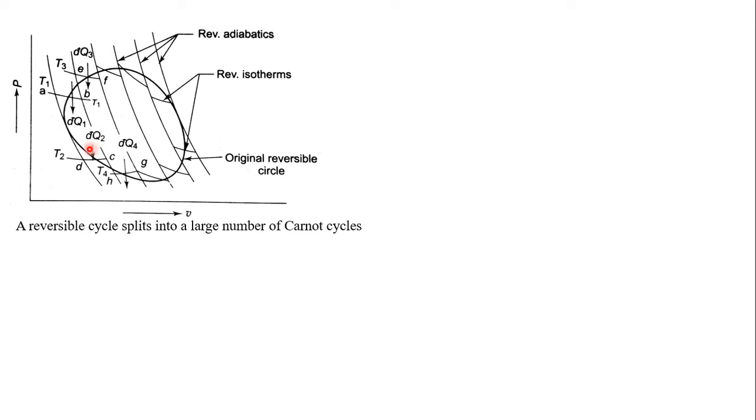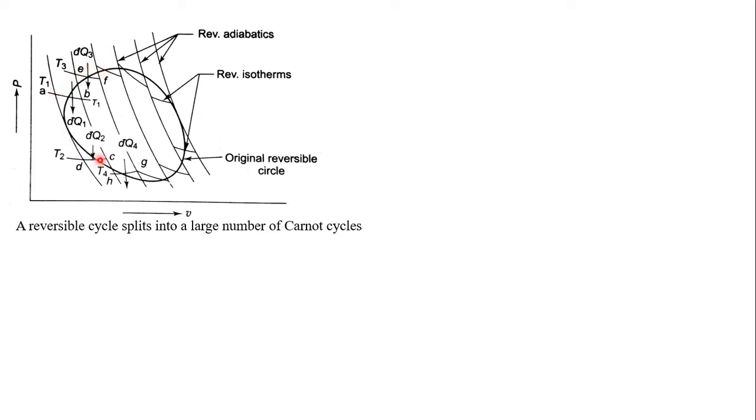And if you reduce the distance between the two curves, and increase the number of Carnot cycles, then line number 1 is there and line number 2 will be very near to line number 1. So this zigzag path will become so small that it will resemble this original reversible curve. In this way we can conceptualize this.